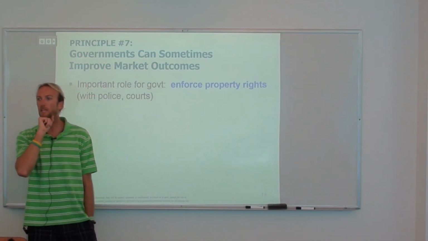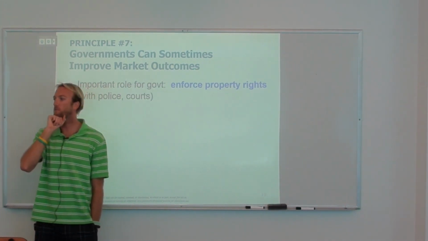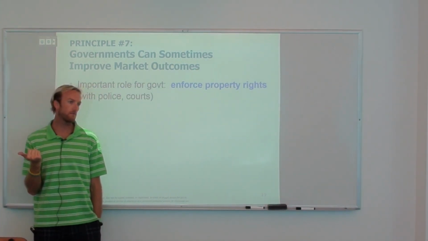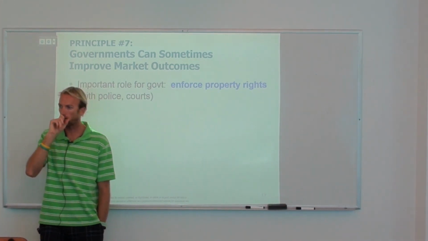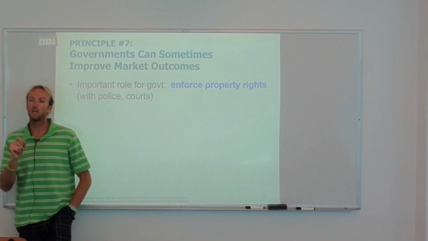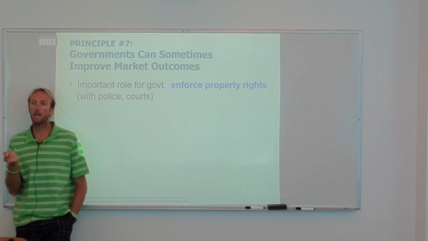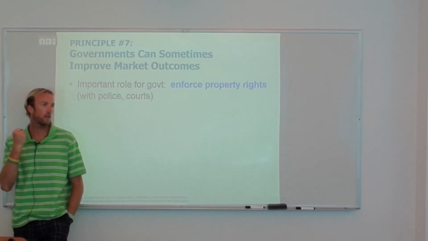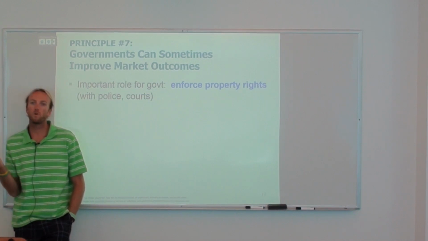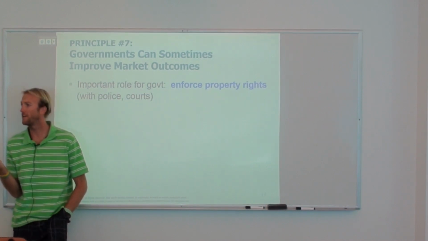Okay? What does that mean? That means that I can't just come up to you and steal your stuff. I think you can probably see how this is necessary, right? So we definitely need property rights. If I can just go up to you and steal your stuff and then leave, well, there's no real need for me to work, right?